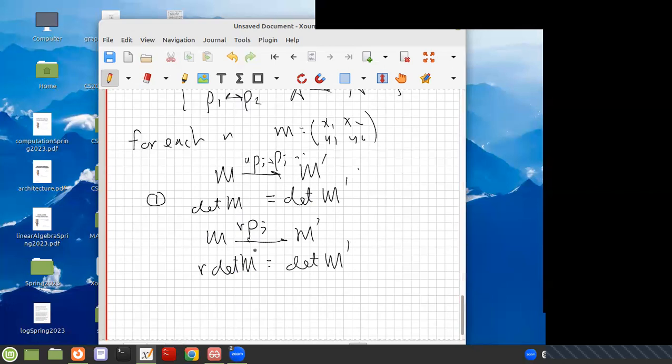If I multiply a row by one number, it's going to scale that up and make it r times as large. So here the two are equal. Here, the transformed one is r times bigger. Well, that's our second operation.